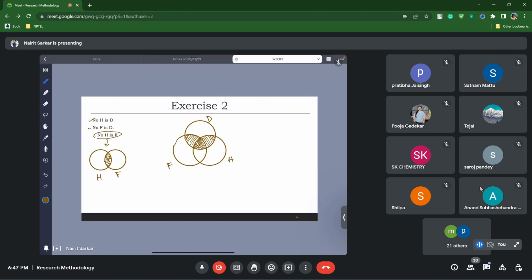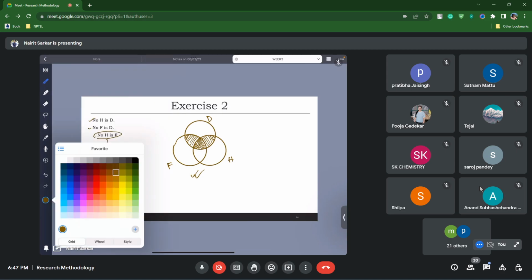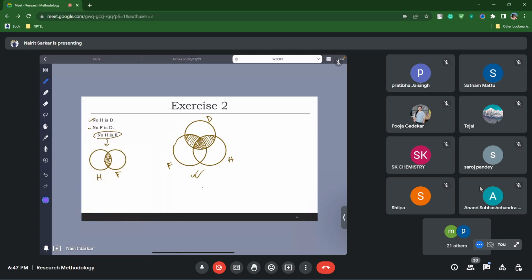But as you can see from the premises, this area and this area are not shaded, right?